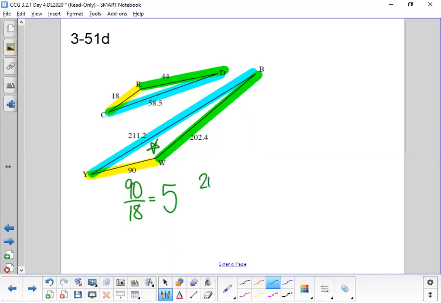So I'm going to do 202.4 divided by 44. And if I do that, I get 4.6. Uh-oh, that is not the same as 5. So that means that no matter what, these triangles are not similar.